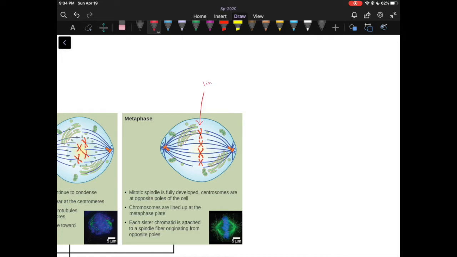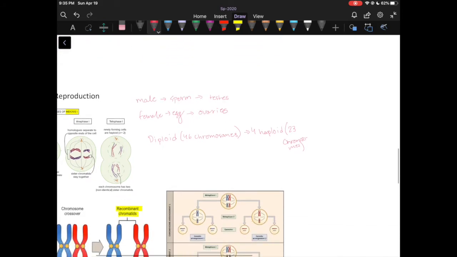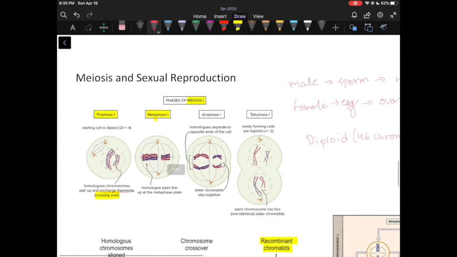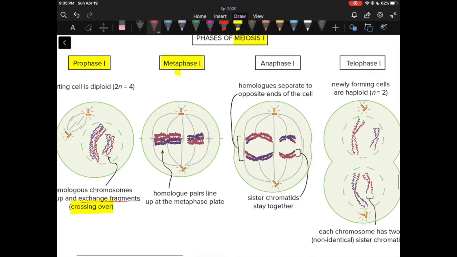In metaphase for mitosis, these chromosomes are lined up, but they're not in pairs. And in meiosis, those chromosomes will be in homologous pairs, as you can see here.